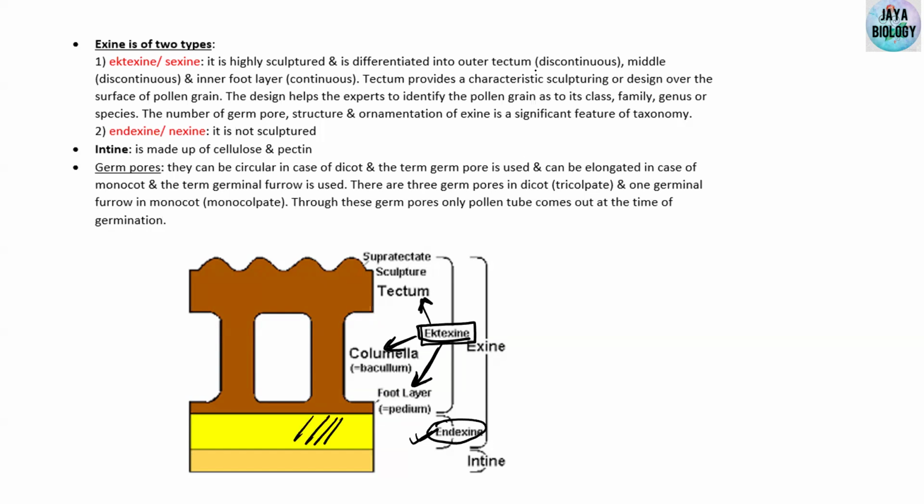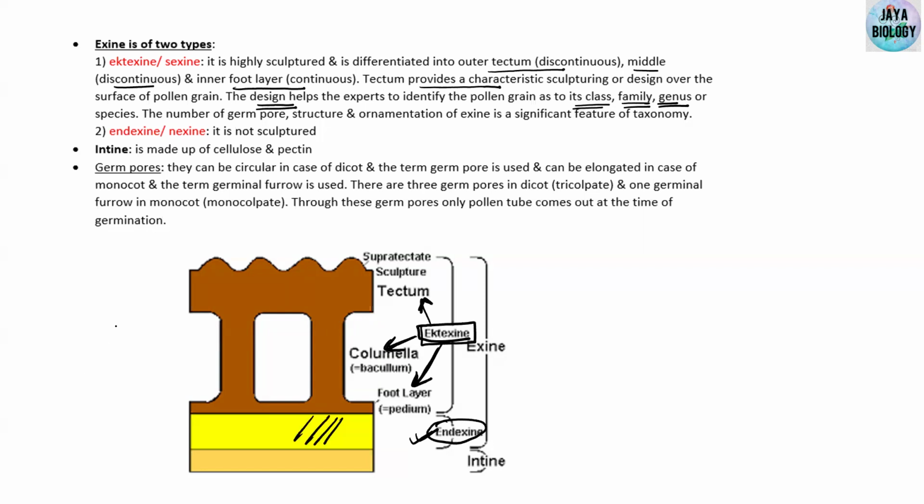So tectum is the one which is discontinuous. Okay, middle layer is also discontinuous, but inner foot layer is continuous. Tectum will provide the sculpturing or design of the pollen grain. And by checking the design of the pollen grain, we can identify which class it belongs to, which family, even genus also.